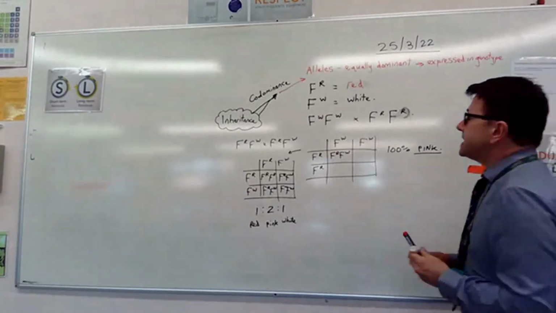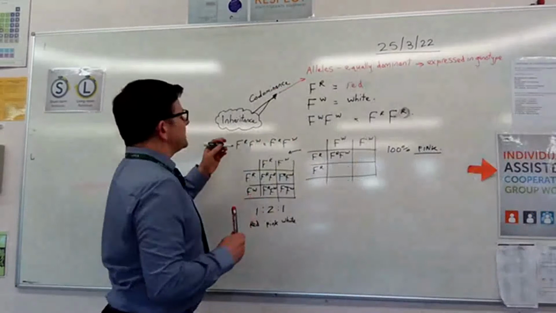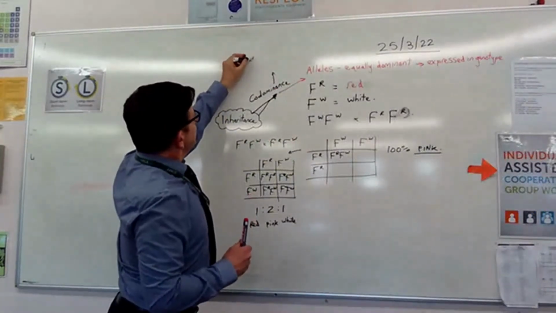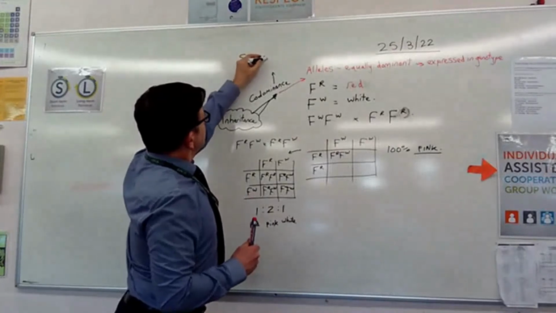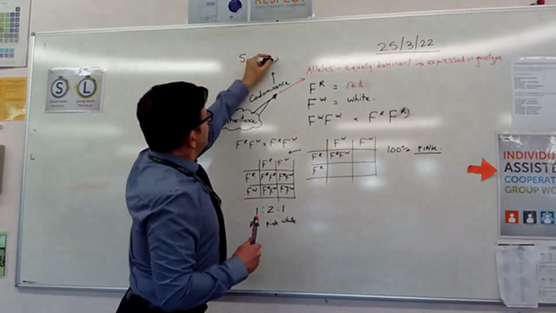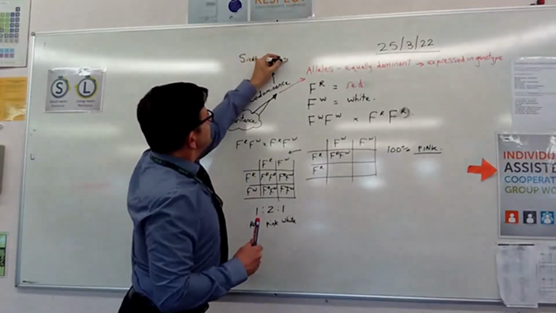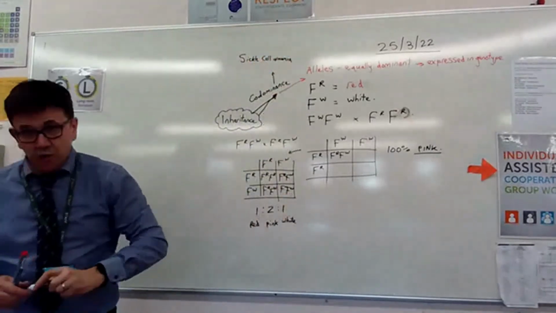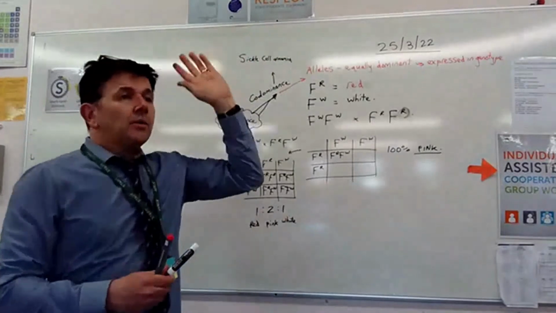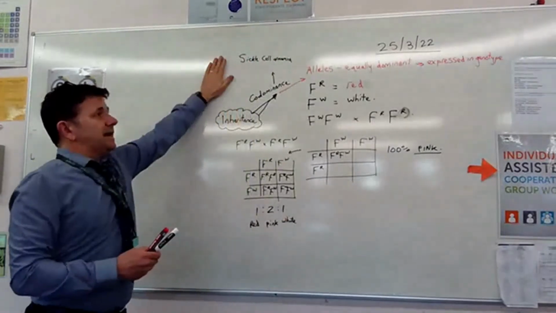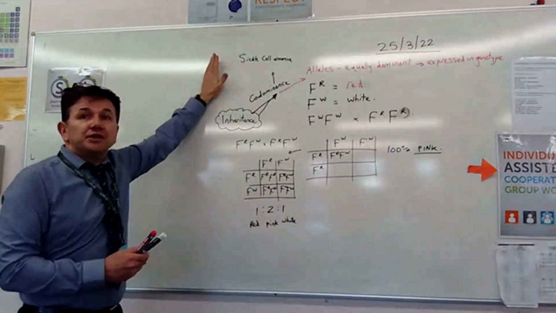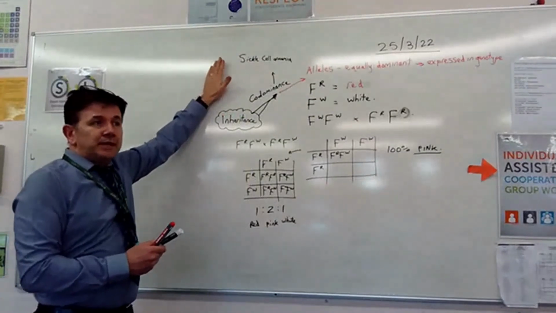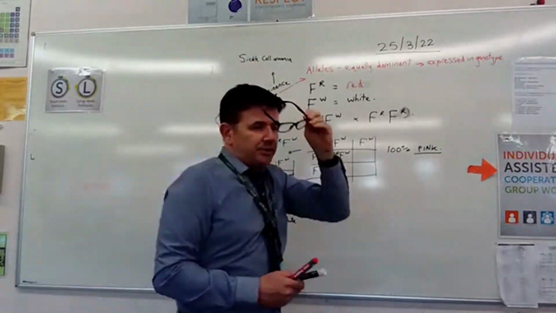I'll just give you an example as well of codominance. Things like sickle cell anemia. Do you need to know what sickle cell anemia is in your spec? No, you don't. That is used as an example, but they could use any example. It will be really clear that it's about codominance though.